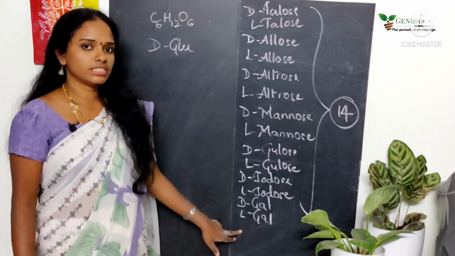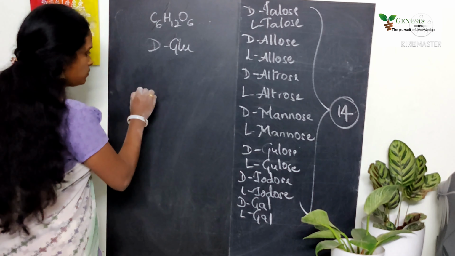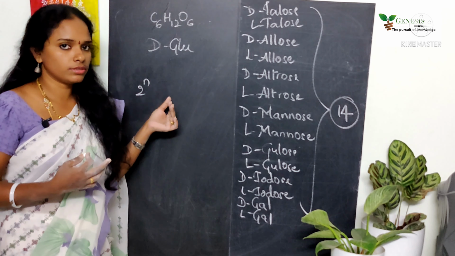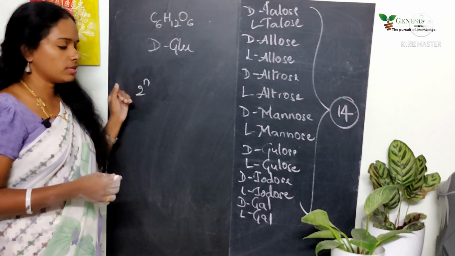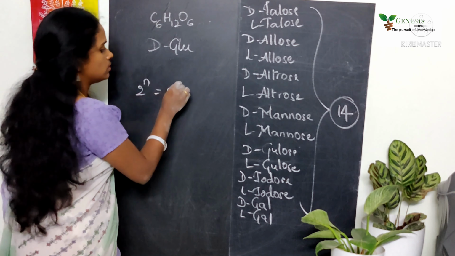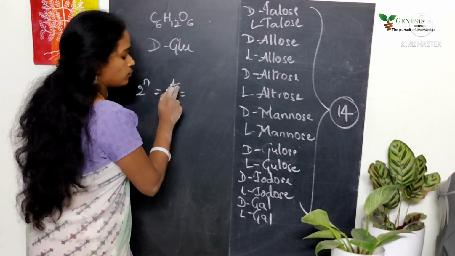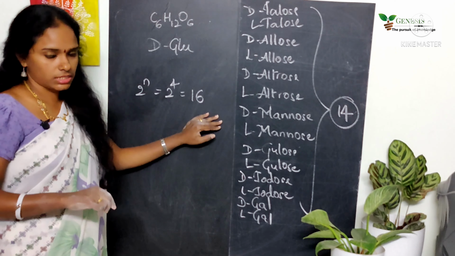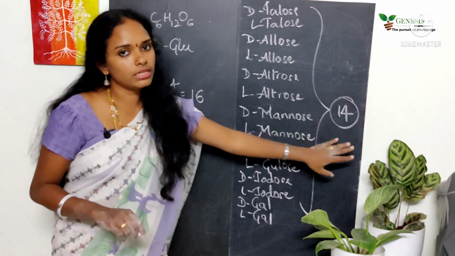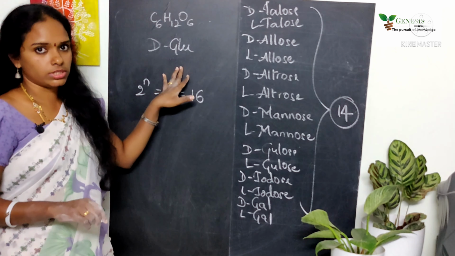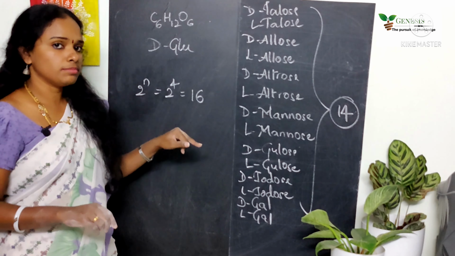While discussing stereoisomeric forms, we know that we can find the number of isomers of a given compound by using this formula, right? Glucose contains 4 asymmetric centers, so 2 power n, 2 power 4, is 16. Out of these 16, 14 are the diastereomers of glucose. What about the remaining 2?